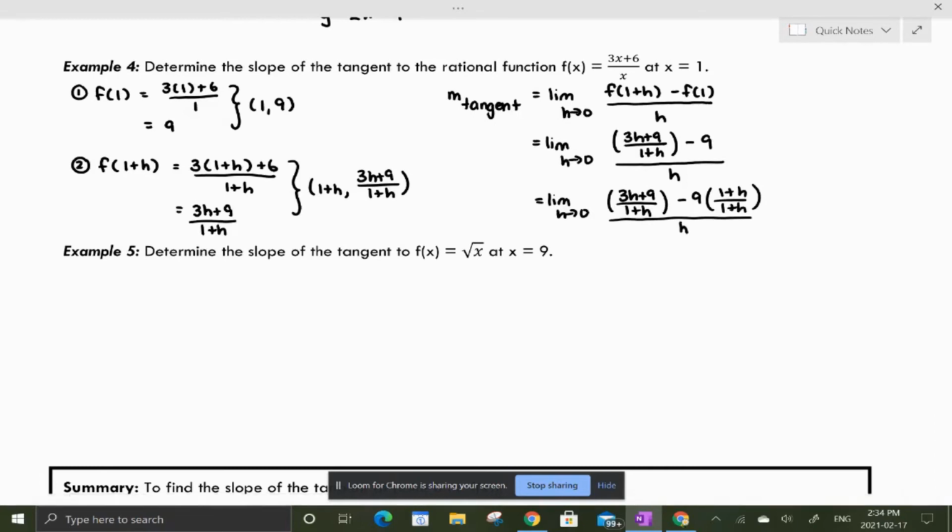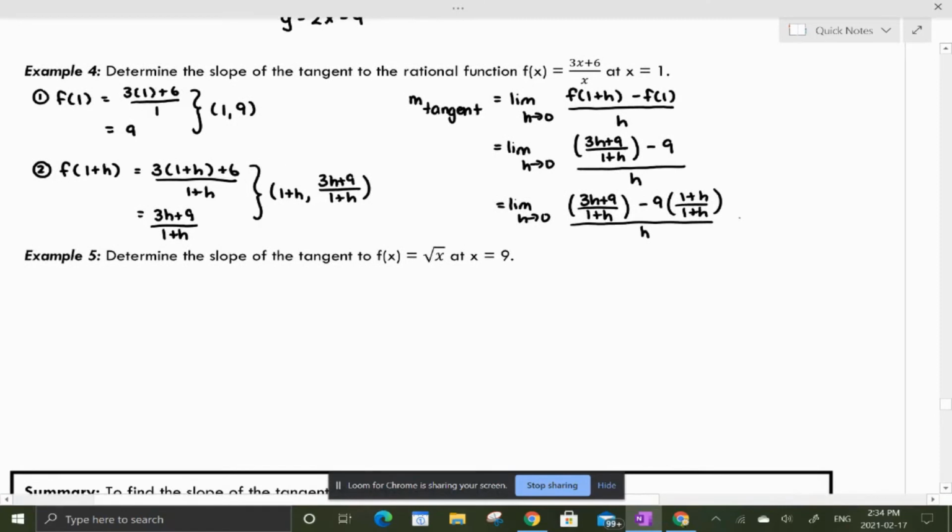So what I'm doing now is I'm going to simplify my numerator. If I simplify my numerator, I'm going to end up getting 3h plus 9 minus 9 minus 9h, and then I'm going to bring that denominator from the numerator underneath, so I have this now.